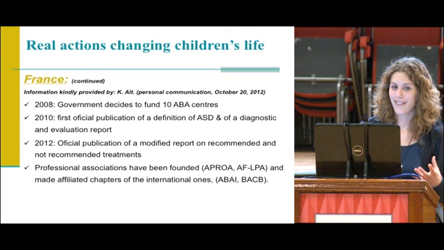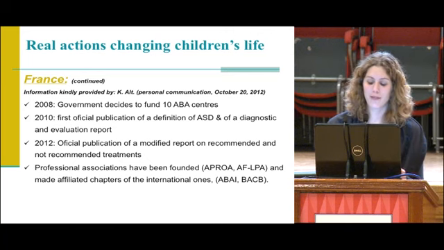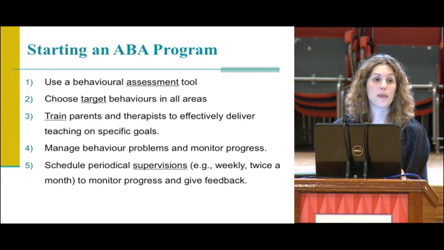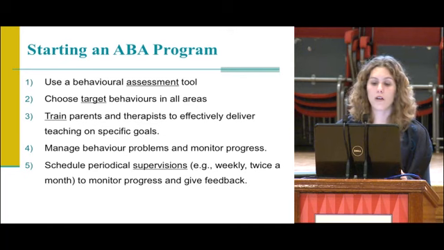So going to the nicer part about individual students with children with autism. So what does starting an ABA program mean? Well, first of all, we would use a behavioral assessment tool. Then we would choose some target behaviors in different developmental areas.